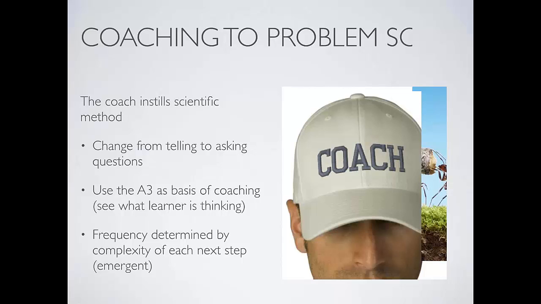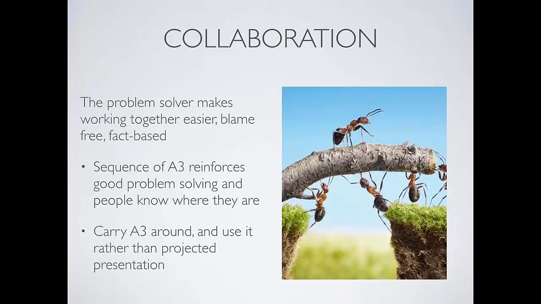So on to how A3s enable collaboration. What I say here is that it brings clear and simple information to the table for those who need to support the improvement. Commonly you're working across functional groups in the organisation, and the A3 makes working together very easy.